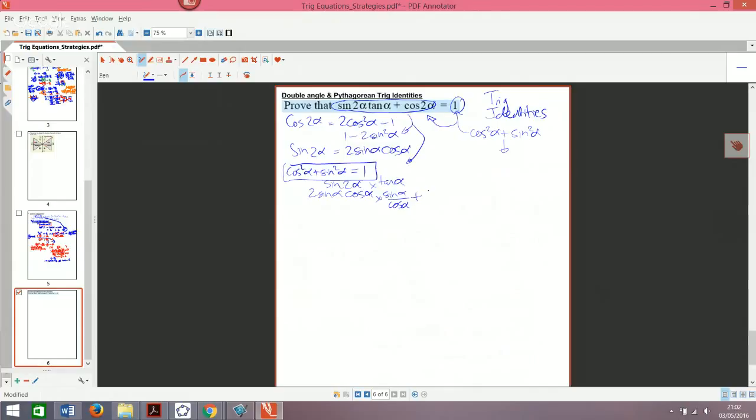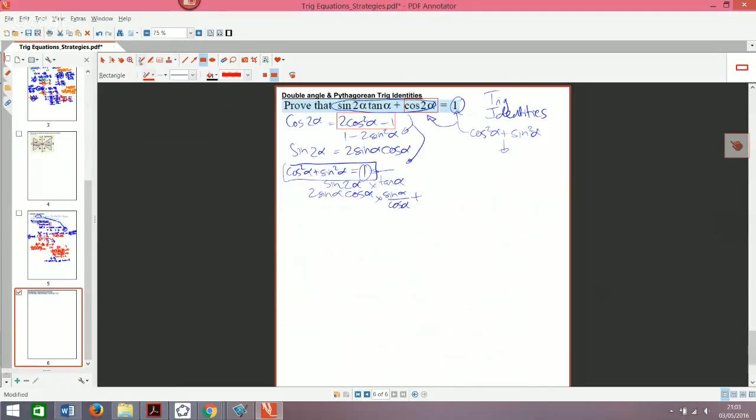So what might I use over this side? Well, look, this Pythagorean identity is equal to 1. So an intuition might tell me maybe I want some sine squared alphas and some cos squared alphas. So for this cos 2 alpha, I think the one that's going to maybe help me out the most is this identity, substituting in that expression for the cos 2 alpha term.